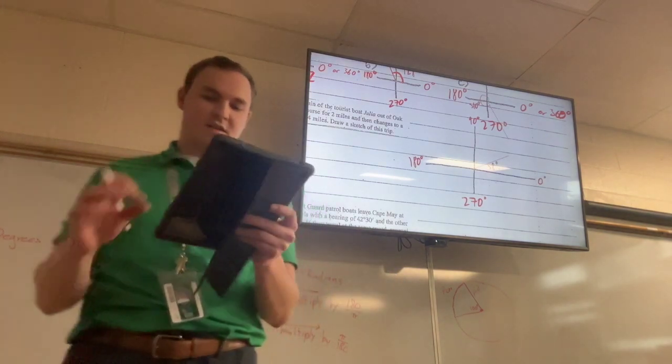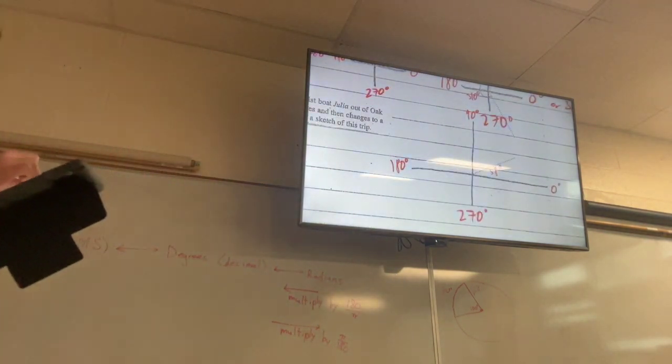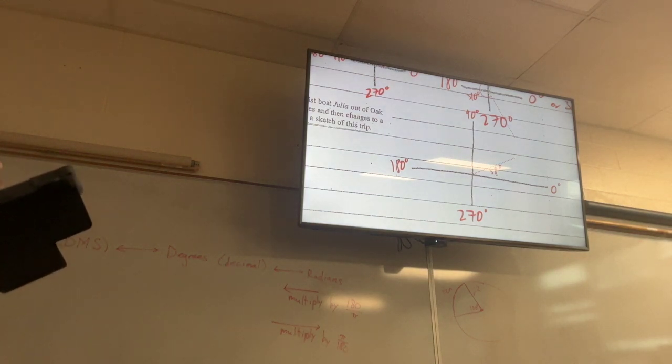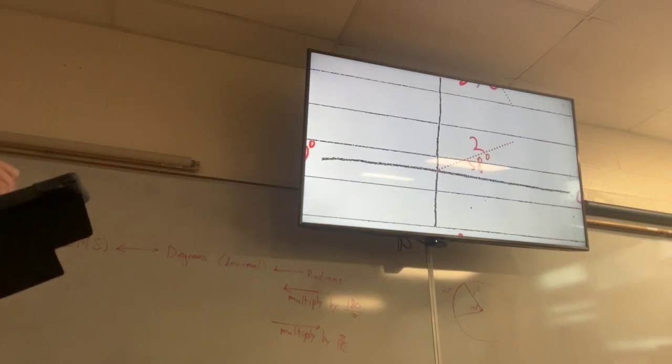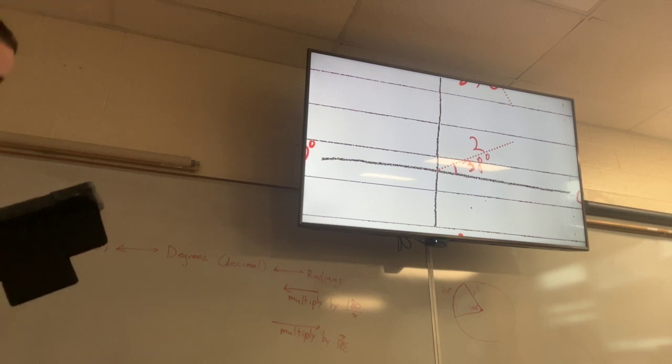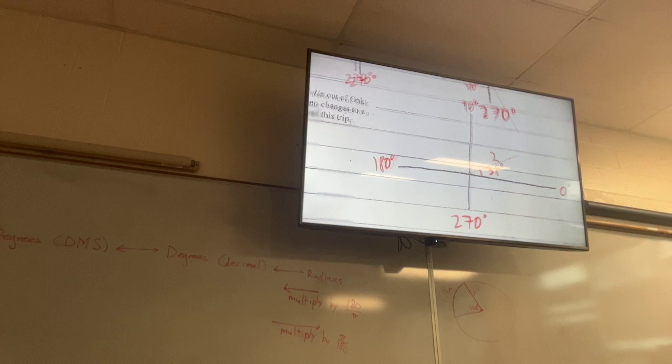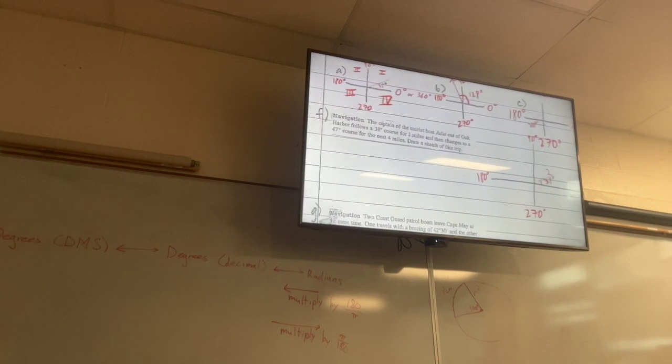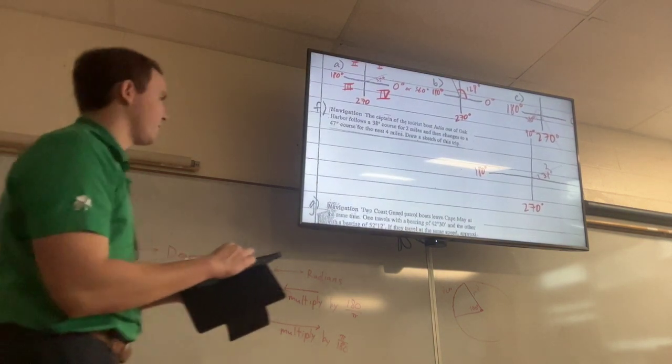So she's going to follow a 38-degree heading for 2 miles. This is 38 degrees. Follows it for 2 miles. And then a 47-degree course for the next 4 miles.